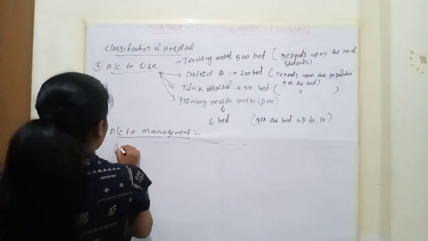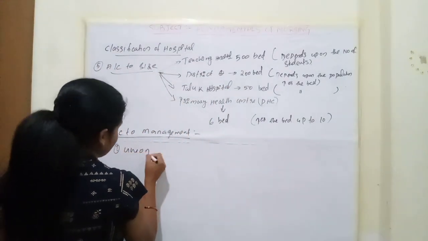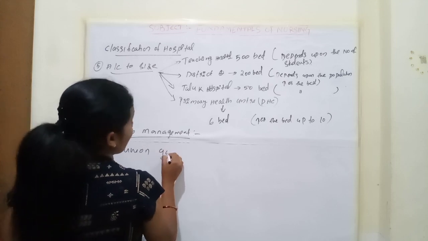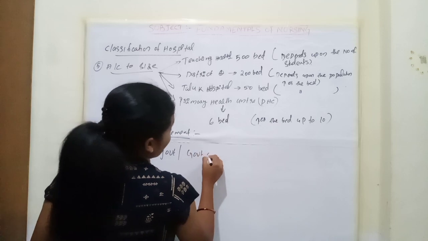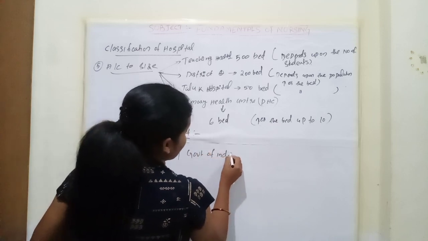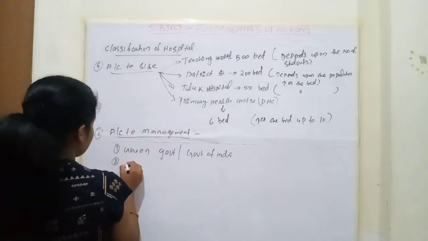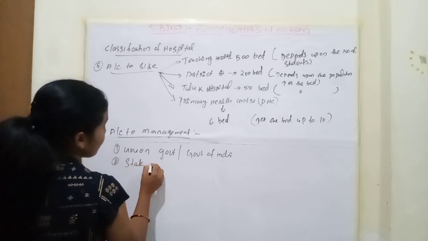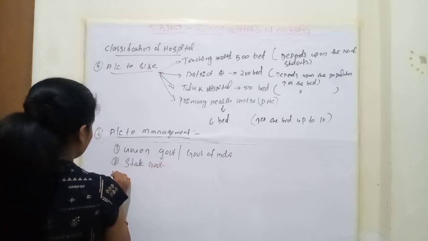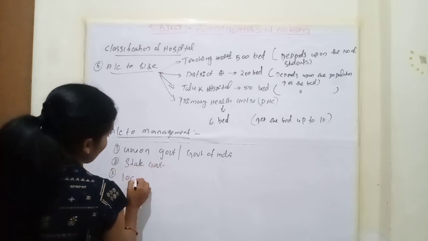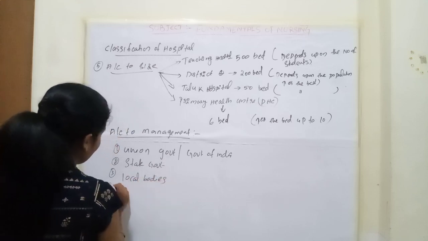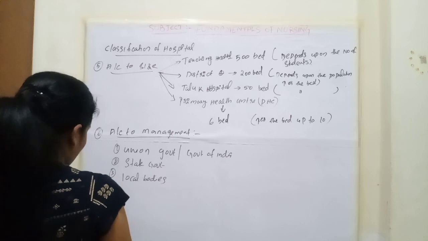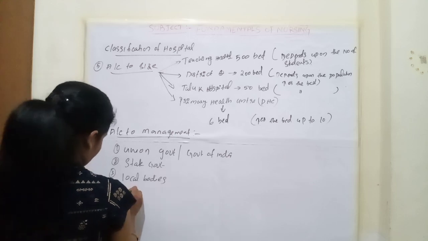The first one is the union government or Government of India. Then the next one is the state government. The third one is the local bodies. The fourth one is the autonomous bodies.